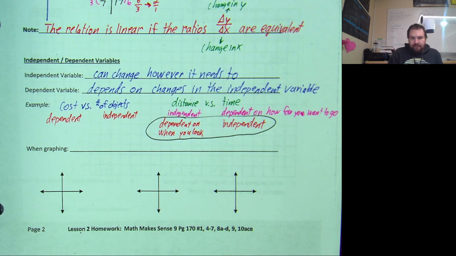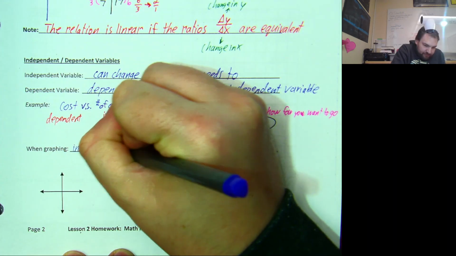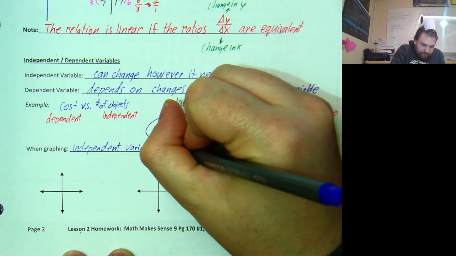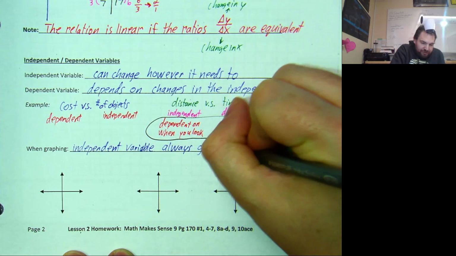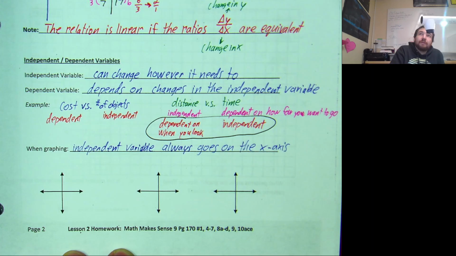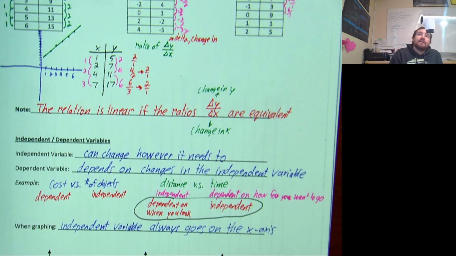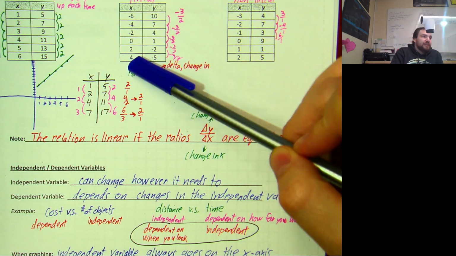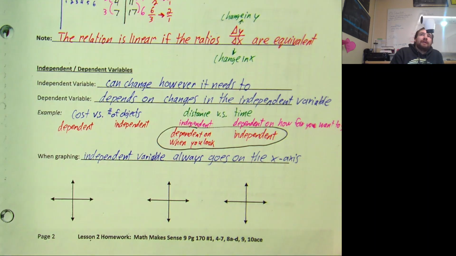When you're graphing, the independent variable always goes on the x-axis. Because in a relationship like this one up here, you're going to see the x variable is always considered the independent variable. Y always depends on changes to x.